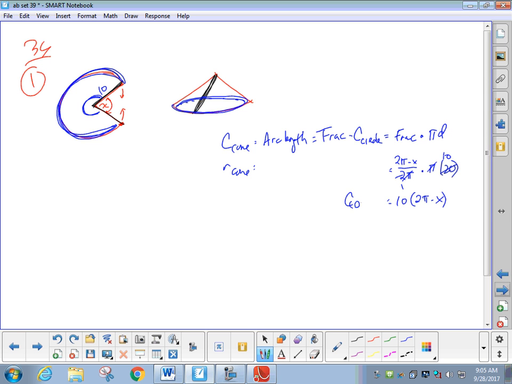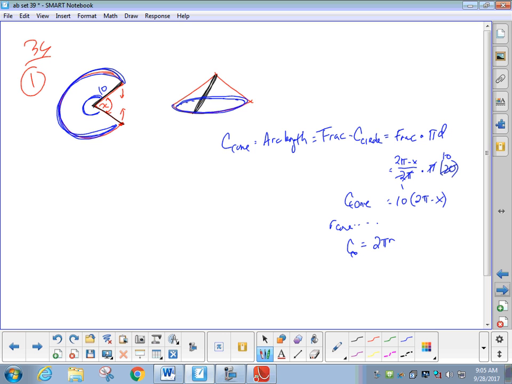With that then, the radius of the cone is not too much further. What's the relationship between circumference and the radius? Circumference is 2 pi r.